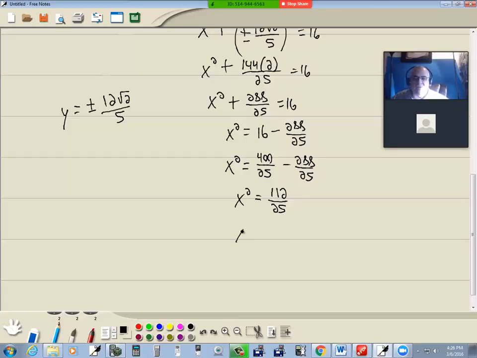112. Okay. So then we'll drop our squared, put a plus or minus square root around the other side. But again, we can't have a fraction in a square root, so we'll split it up, put a square root around the top, square root around the bottom.